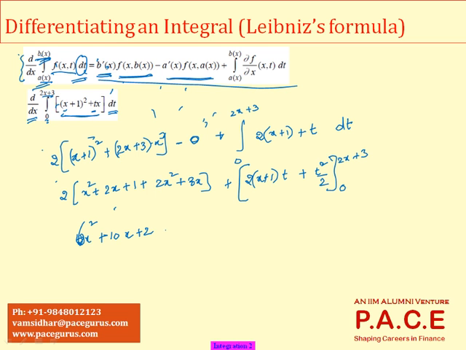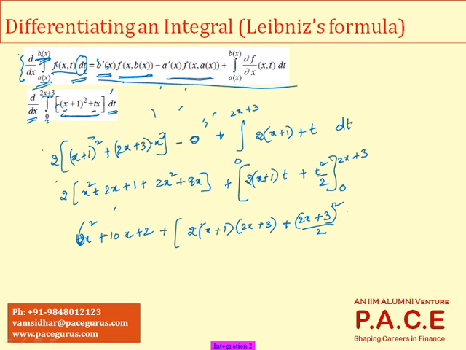Here, this is the scenario. Plus, wherever t is there, I can substitute 2x plus 3. So 2 into (x plus 1) into (2x plus 3), plus (2x plus 3) whole squared by 2.